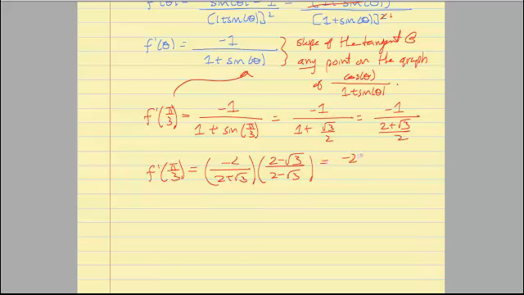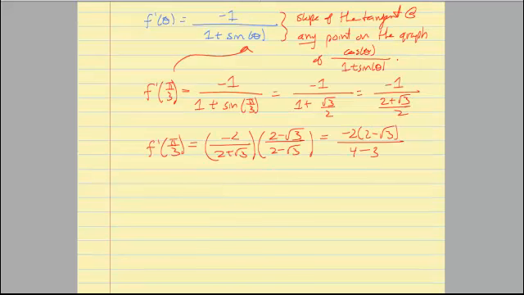So I have a negative 2 times 2 minus root 3. And in my denominator, I'm going to have 2 times 2 is 4. My outside and my inside terms cancel. That's why we multiply by the conjugate. And then my last terms, root 3 times root 3 is 3, and it's a negative 3. So it looks like f prime of pi over 3 is going to be equal to negative 4 plus 2 root 3.